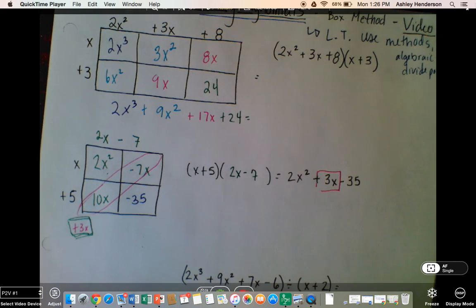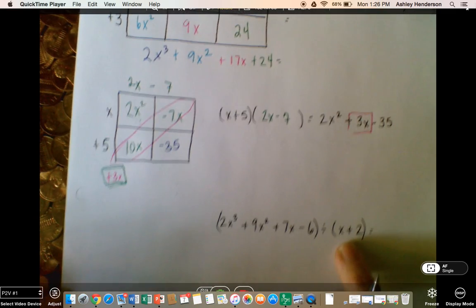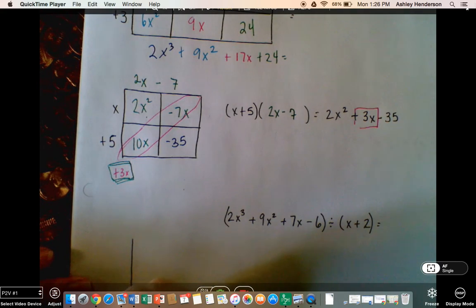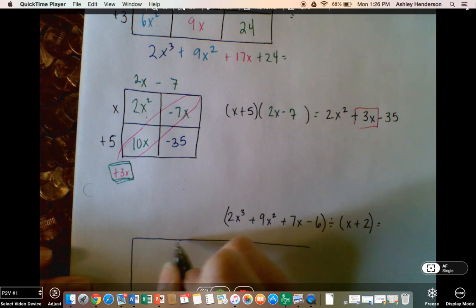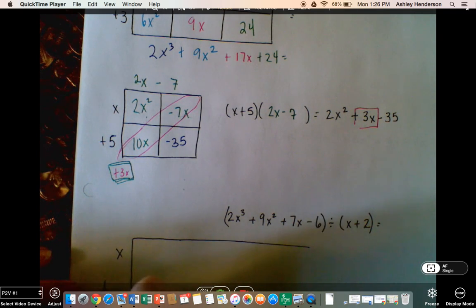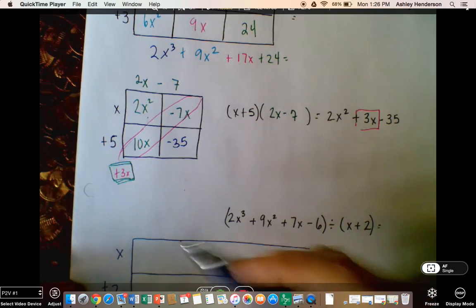So we're going to expand this idea to a larger scale. If I have a cubic and I want to divide out a linear function, how could I do that? So let's see, x plus 2. We're going to have 2 rows, and then we're going to have some columns.